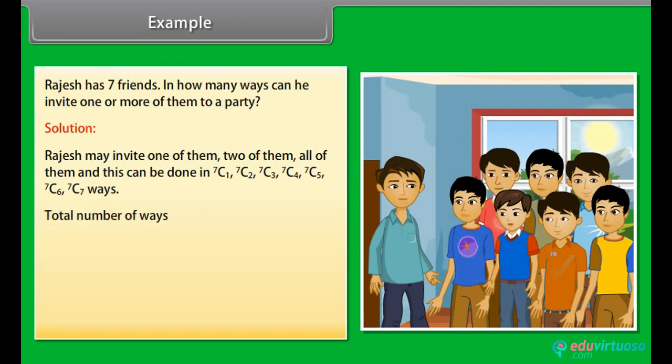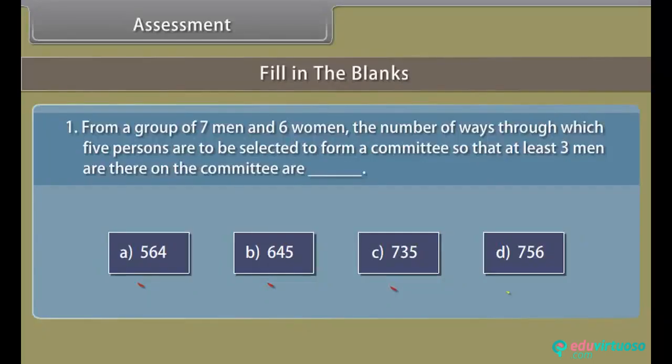Total number of ways is equal to 7C1 plus 7C2 plus 7C3 plus 7C4 plus 7C5 plus 7C6 plus 7C7, which is equal to 7 plus 21 plus 35 plus 35 plus 21 plus 7 plus 1 is equal to 127.